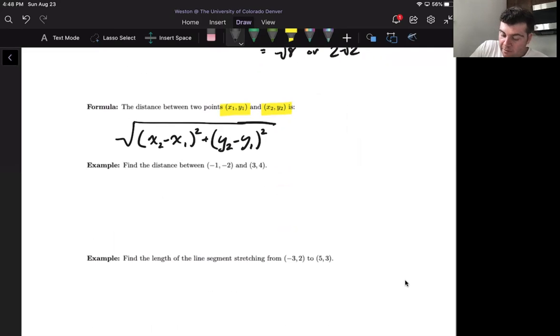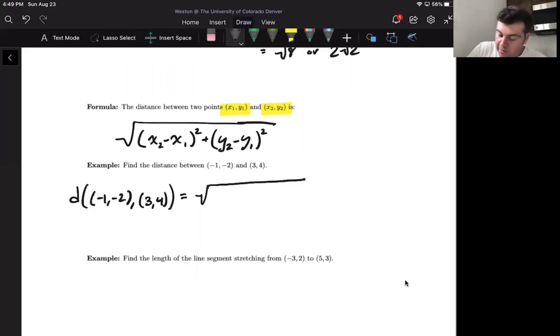If we look, we'll start to write distance as this function d of (-1, -2), (3, 4). So the distance between the points (-1, -2) and (3, 4). And we're just going to plug right into the formula.